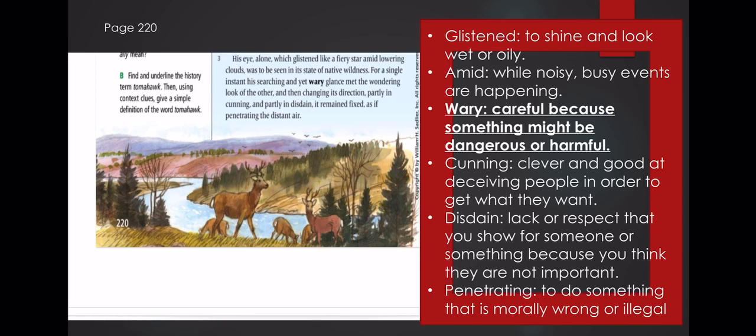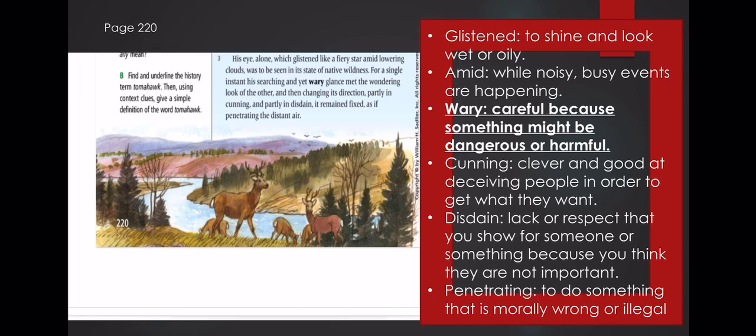His glance met the wandering look of the other, and then changing its direction, partly in cunning, which is a clever way of deceiving people in order to get what they want, and partly in disdain, which is a lack of respect that you show for someone or something because you think that they are unimportant. It remained fixed as if penetrating the distant air.